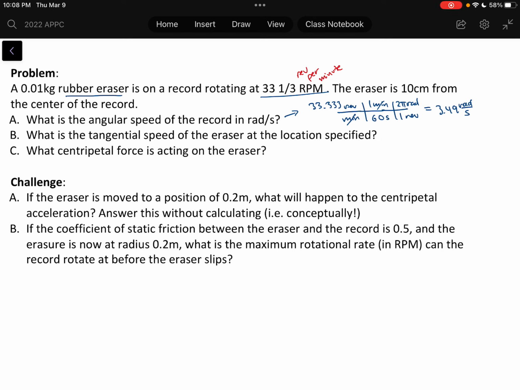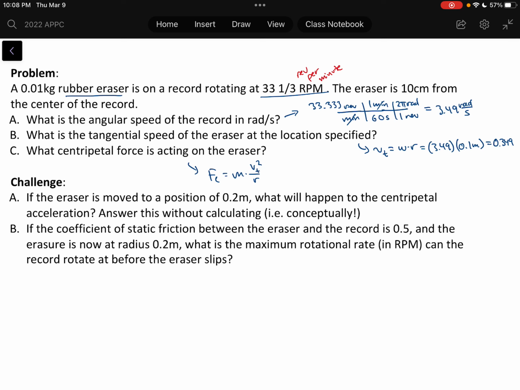For part B, we want to know what the tangential speed is, and tangential speed is omega times r. We take that omega that we just converted, 3.49, and multiply it by the radius, which in this case is 10 centimeters or 0.1 meters, and we get 0.349. Last step, finding the centripetal force. Fc would be m times v squared over r.